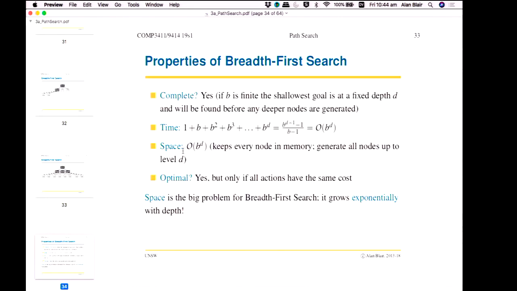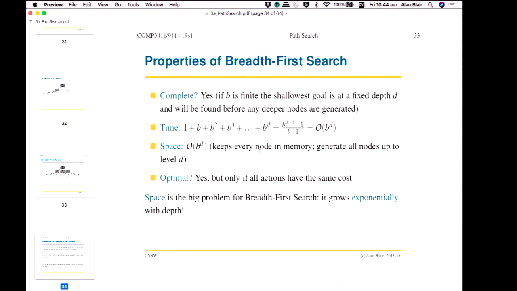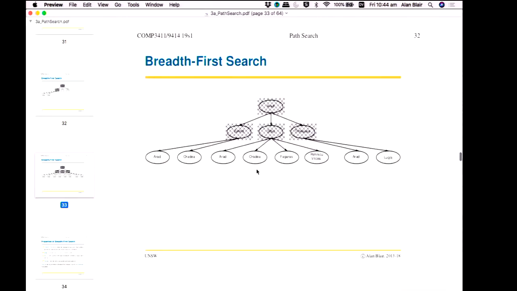And the space complexity? Well, the space complexity is also order b to the d. Remember, in this case the solution is at depth 3, so it's going to be at the next row, but it is possible that, in the worst case, the solution may come off the last node in the line.